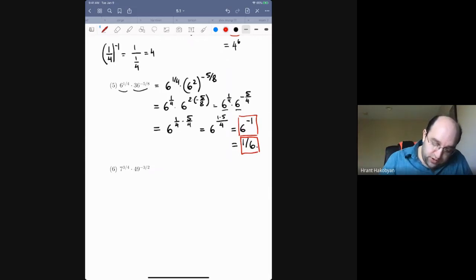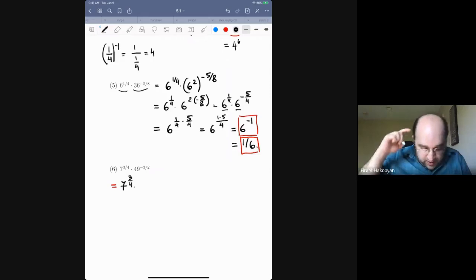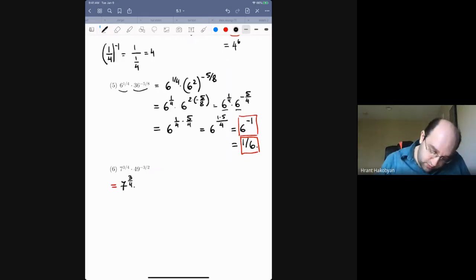So I'm going to write that this is equal to 7 to power 3/4 times 49, which is 7 squared, to power negative 3/2. So it's 7 to power 3/4 times 7 squared to power negative 3/2.